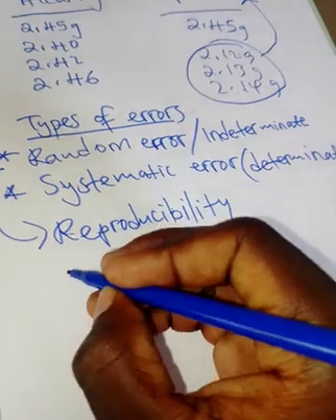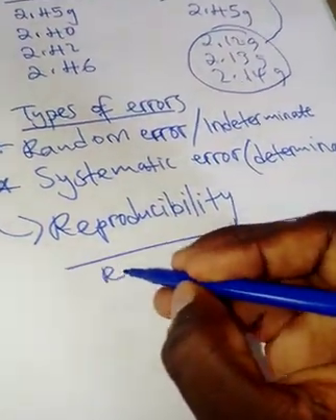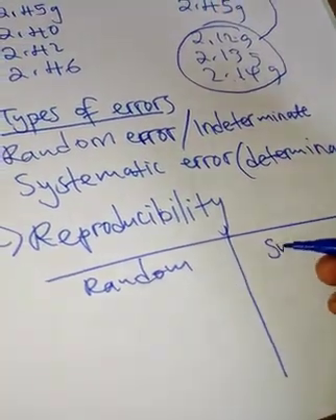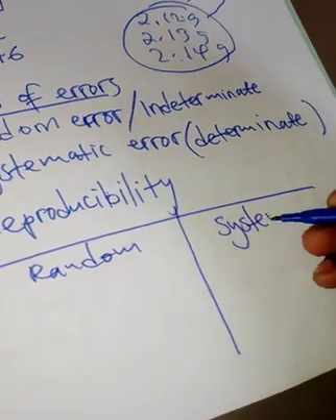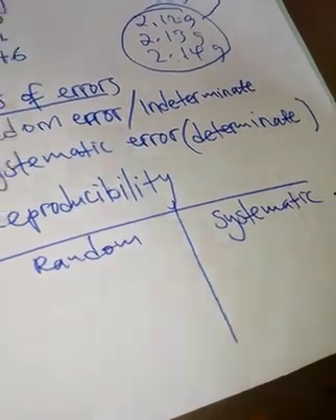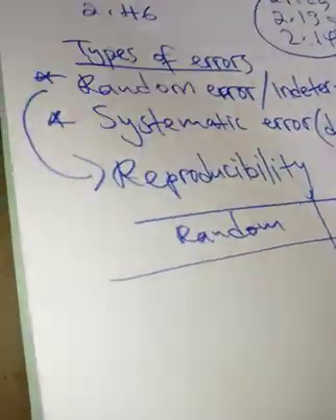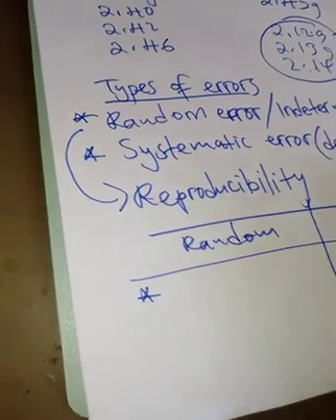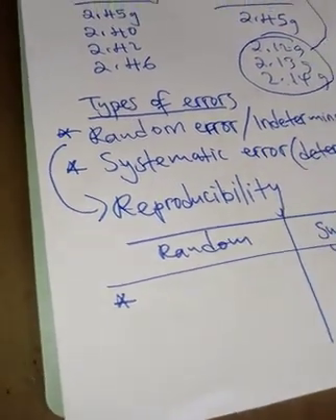Let's differentiate them: random and systematic. For a random error, a measurement has an equal chance of being high or low.